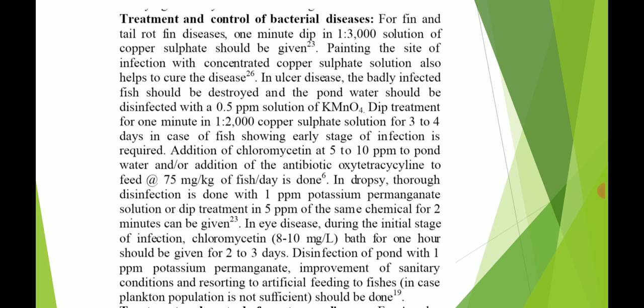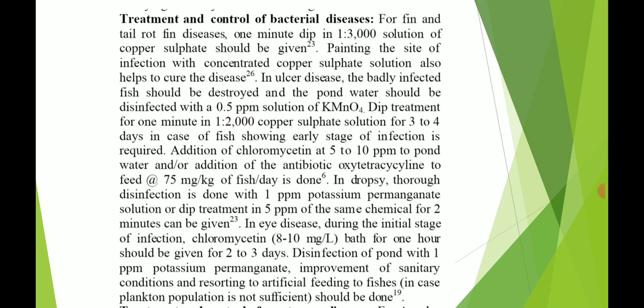In ulcer disease, the badly infected fish should be destroyed and the pond water disinfected with a 0.5 ppm solution of KMnO4. A dip treatment for 1 minute in a 1 to 2000 copper sulfate solution for 3 to 4 days is required for fish showing an early stage of infection.